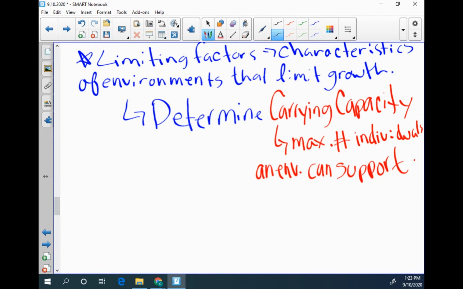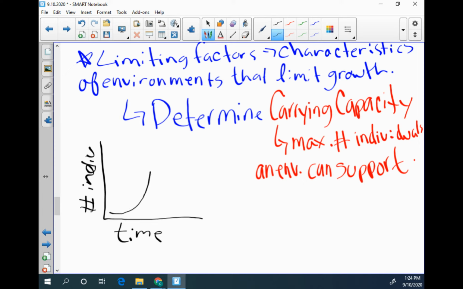So we've got our chart again with our time and our number of individuals. Our logistic growth is going to look a lot like exponential at first. We're going to have a period of exponential growth in the beginning until eventually it reaches carrying capacity and it levels off.